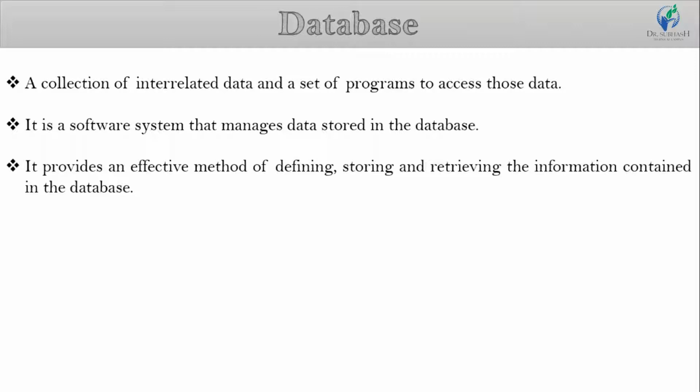Note that the primary goal of a DBMS is to provide an environment that is both convenient and efficient to use in retrieving and storing database information. It provides users with the information that they require.